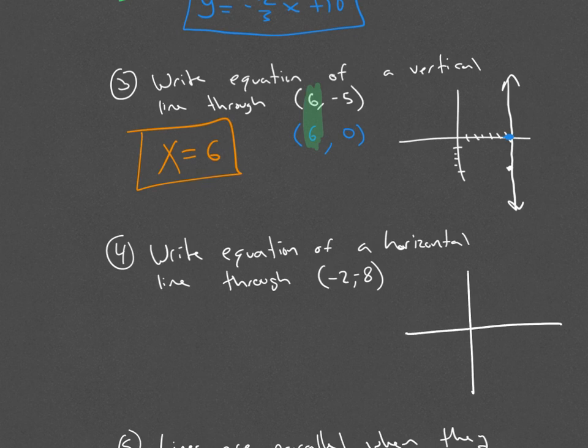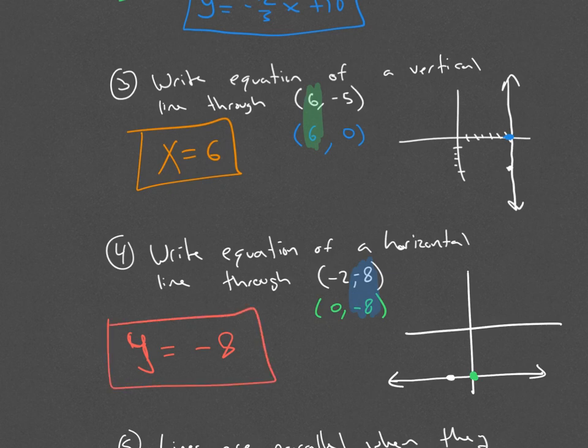(Negative 2, negative 8) is down here, and it says horizontal line. So I could pick another point on that horizontal line, maybe the y-intercept, which would be (0, negative 8). That gives a nice big hint that the y-coordinate on this line is always negative 8. So my equation should be y equals negative 8.